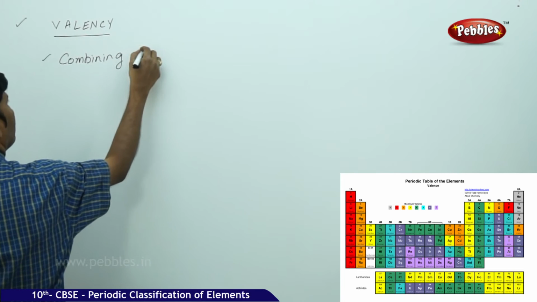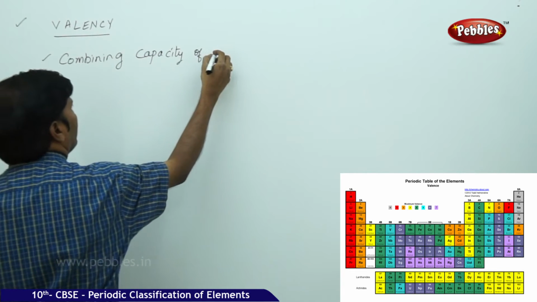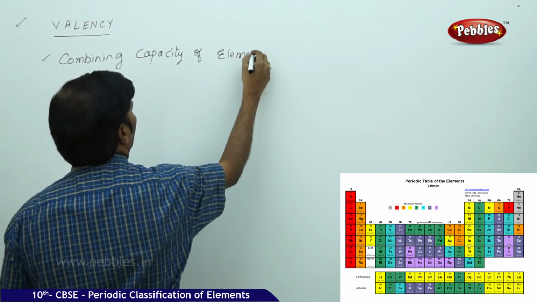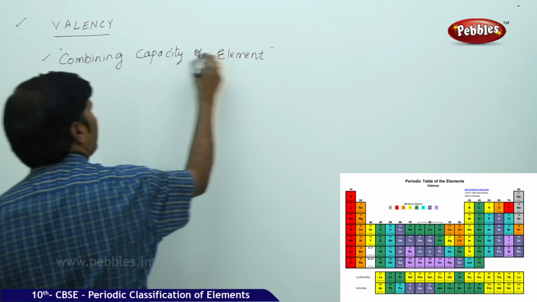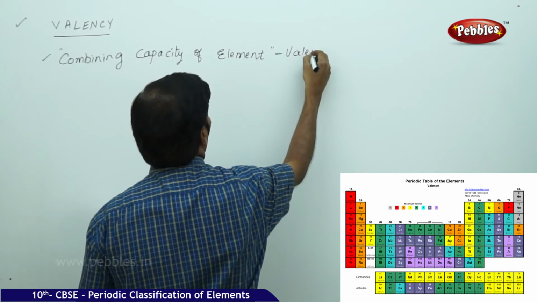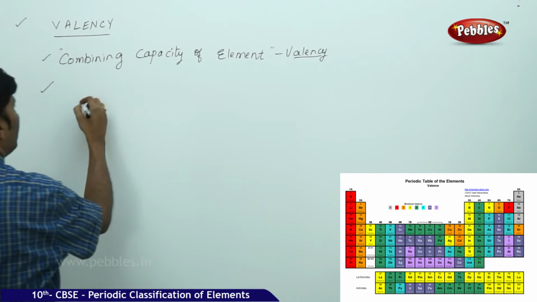combining capacity of an element is simply called valency. Valency can be calculated by V for valency.